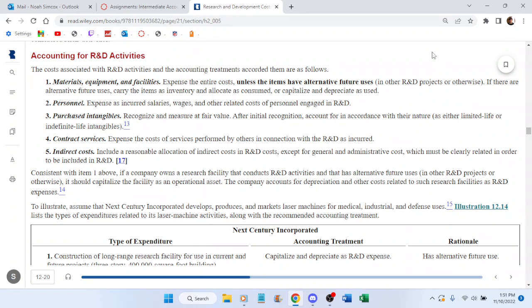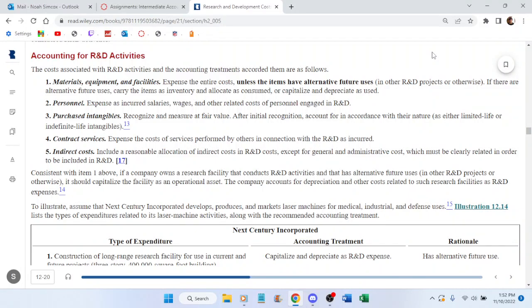Personnel: expense as incurred. Salaries, wages, and other related costs of personnel engaged in R&D.